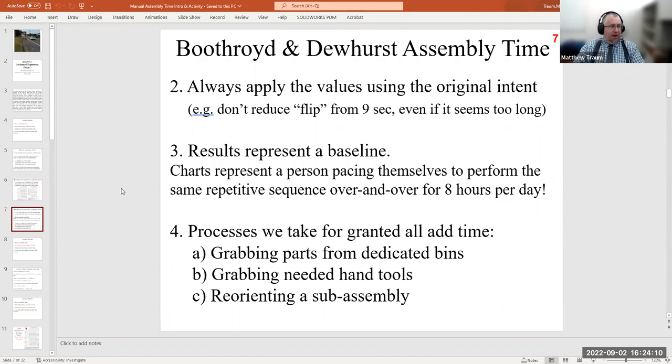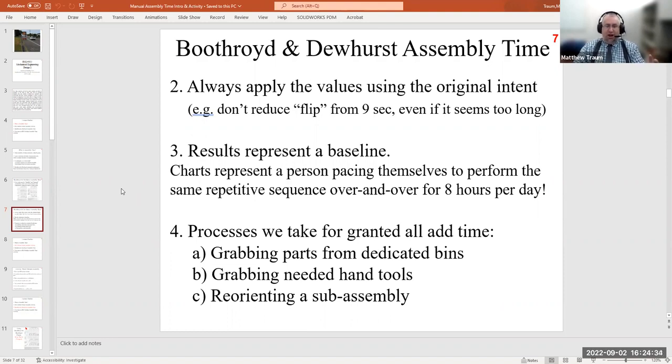But if you think about it, if you're an assembler and you've got maybe a part or a subassembly reorientation that takes half a second, but you're doing 10,000 of those flips, those reorientations, that's 50,000 seconds, which is a good number of minutes and a good number of hours. And those hours then translate into the extra labor time.